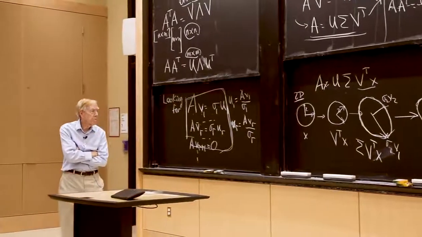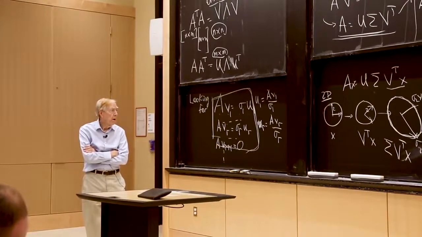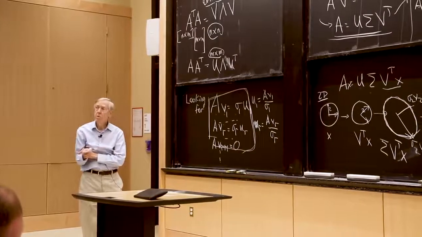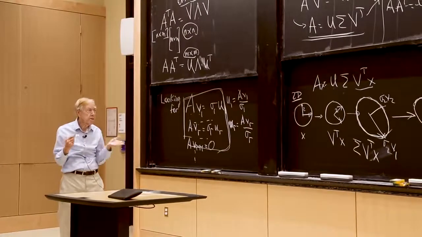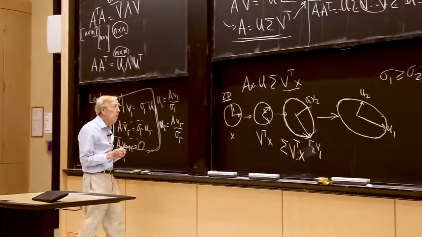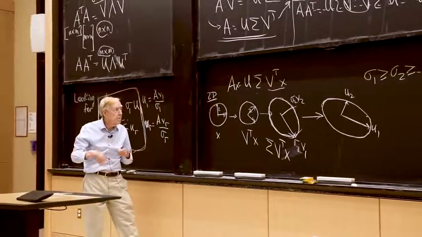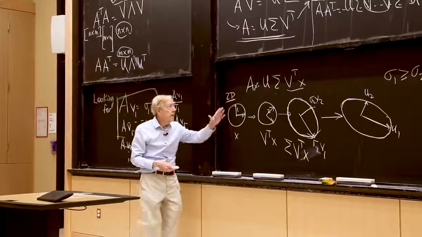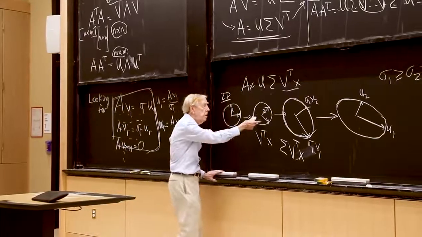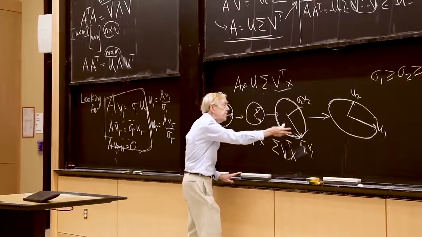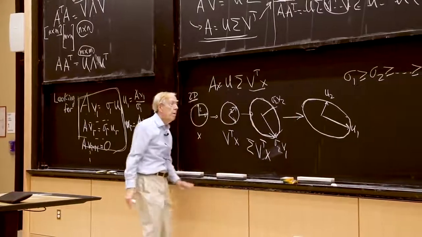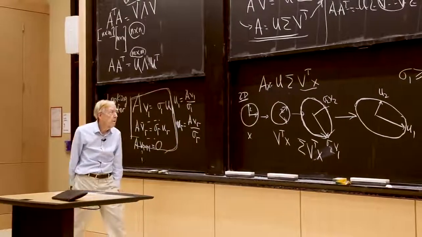Basically, that's right. So this SVD is telling us something quite remarkable, that every linear transformation, every matrix multiplication, factors into a rotation times a stretch times a different rotation, but possibly different.